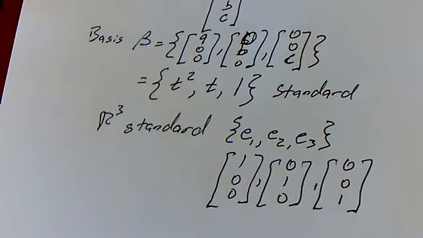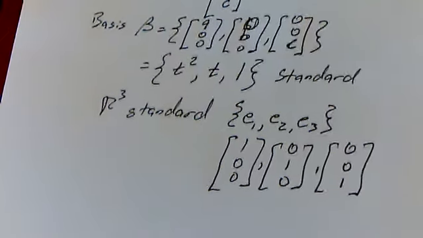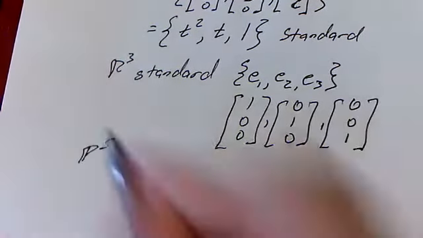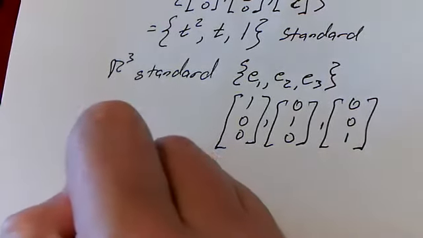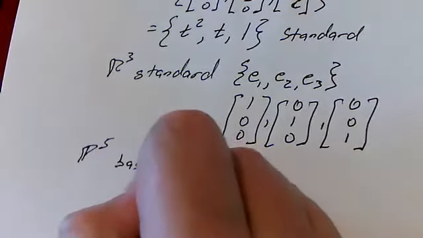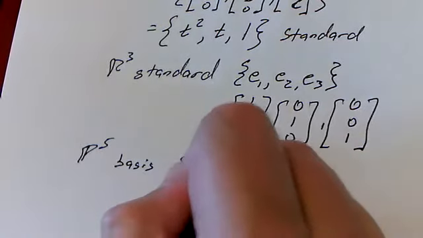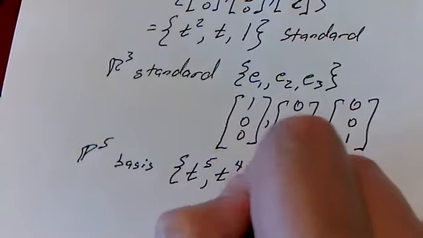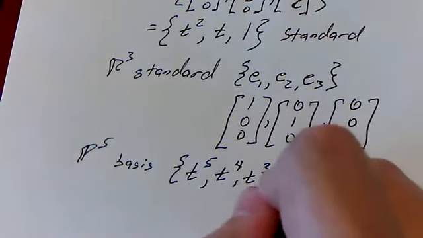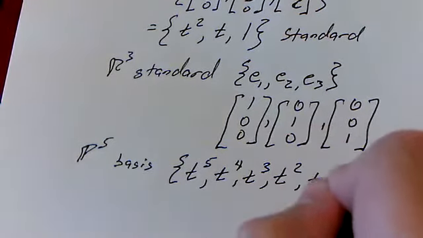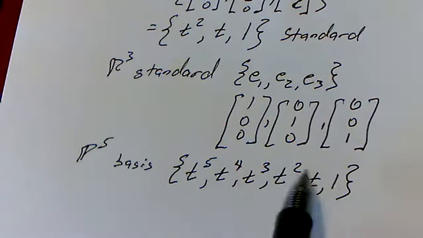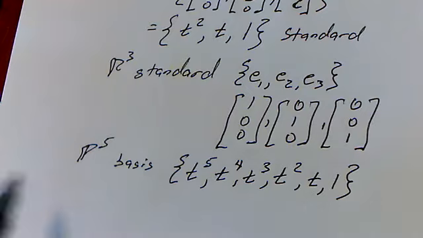Okay, so that's P2. Now, we could also think about larger spaces, right? I could go to P5, let's say. So a basis for P5, well, we're going to have one for the highest power, that's t to the 5th, t to the 4th, t cubed, t squared, t, and then a constant 1. So notice there are 6 vectors, and they're vectors even though they're polynomials, because we're thinking of these polynomials as being a part of a vector space.